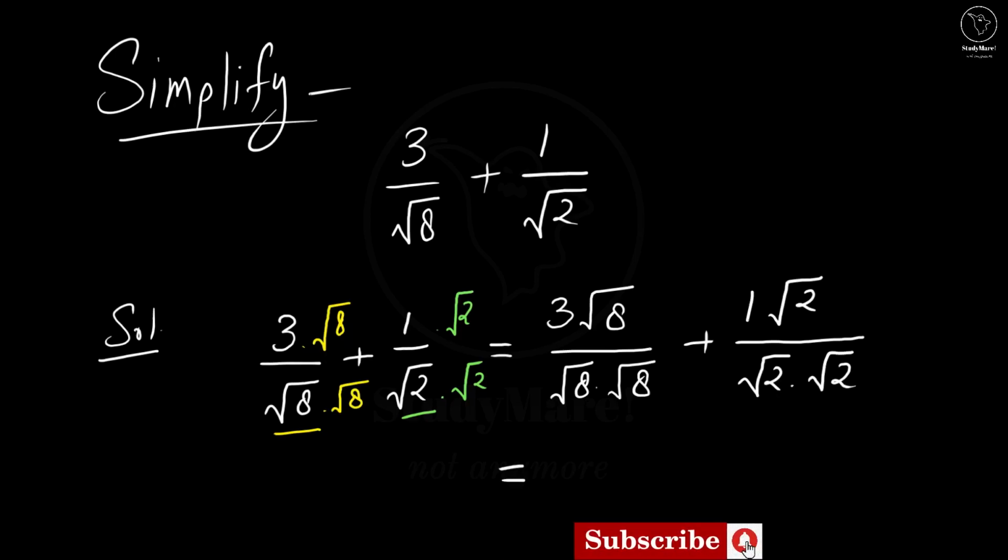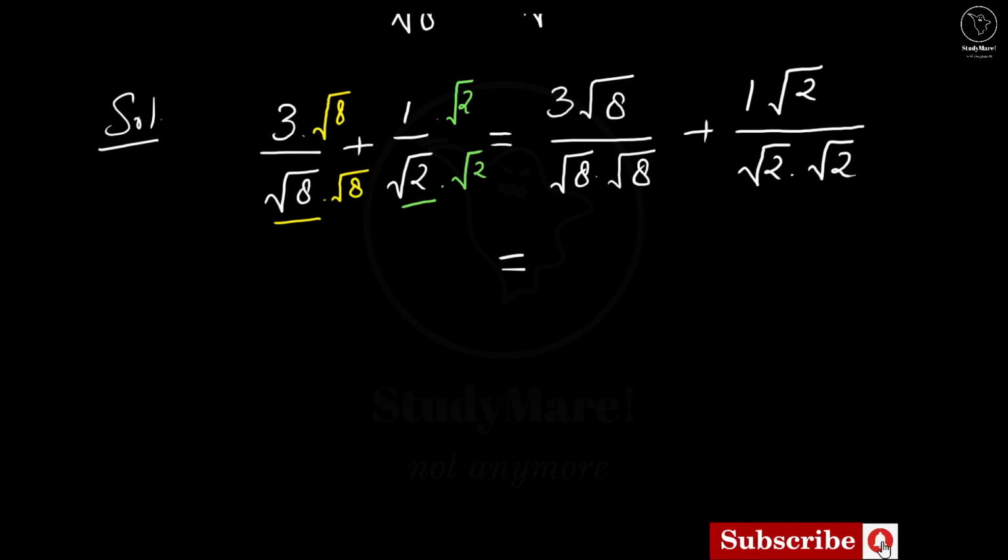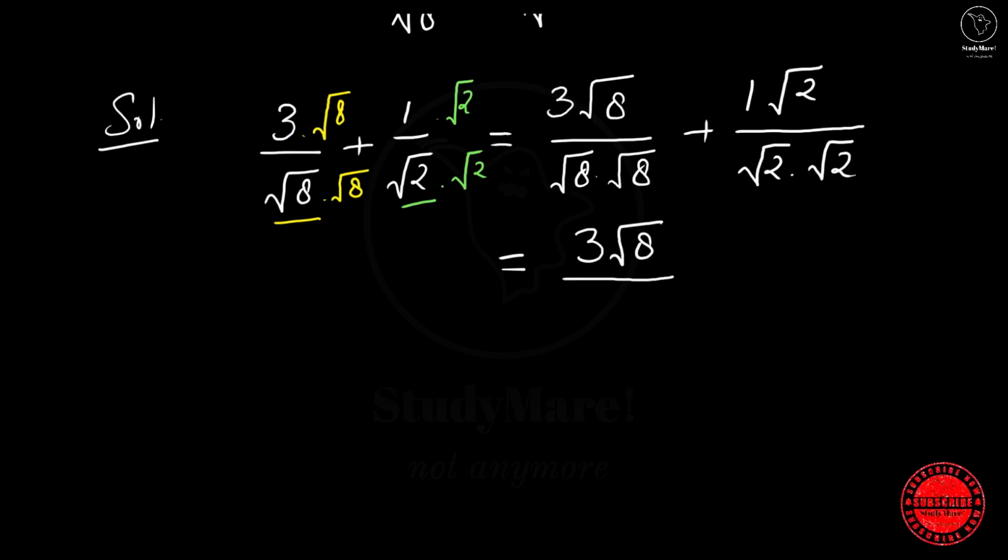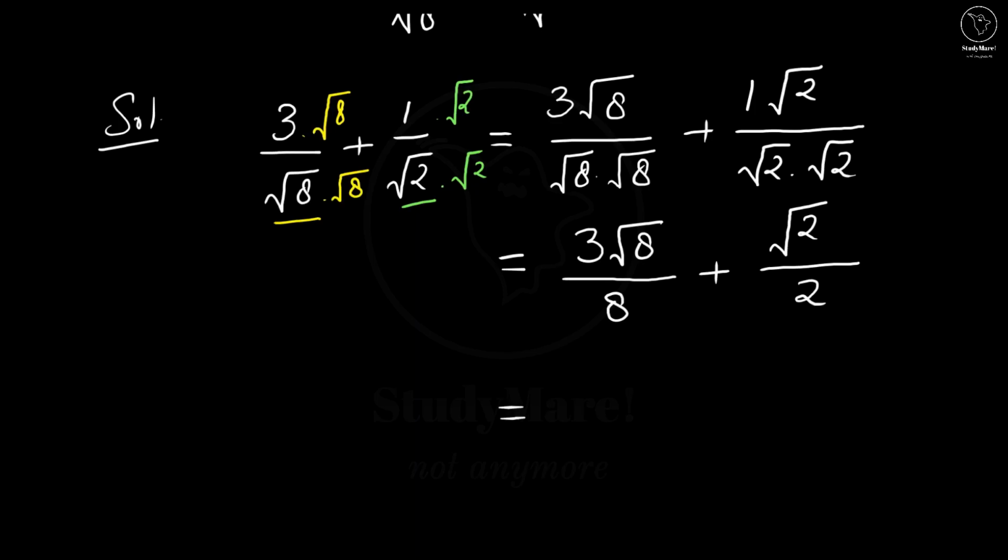which is equal to, simplifying it further, we get 3 root 8 divided by root 8 into root 8 gives us 8, plus 1 into root 2 can be written as root 2 divided by root 2 into root 2 is 2, which is equal to, the LCM of 8 and 2 is 8.